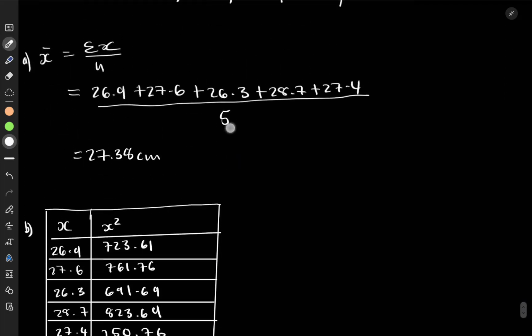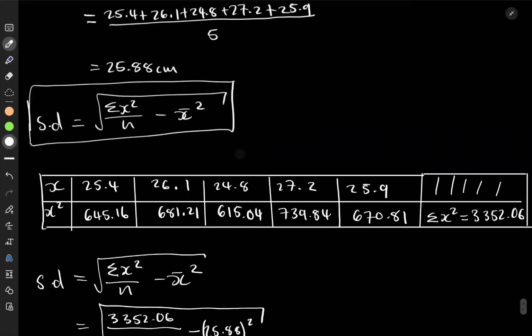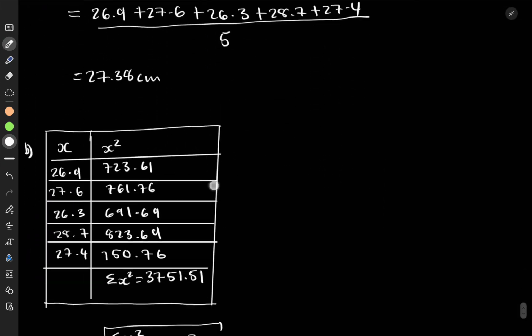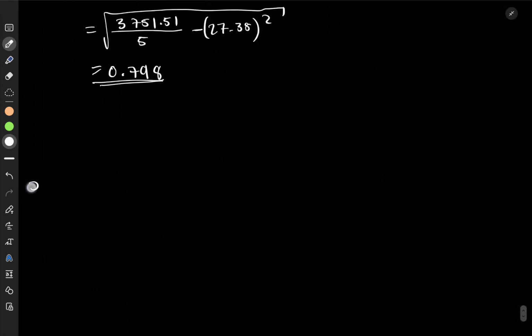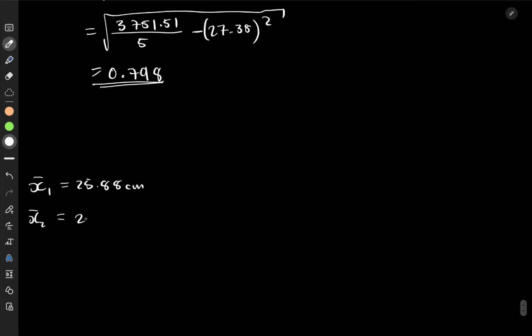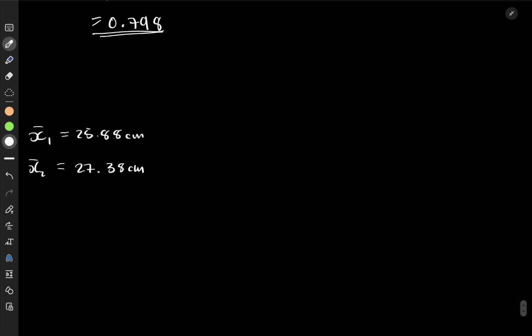Let's compare our first mean to the second one. The first mean, which had an error, was 25.88 centimeters. The corrected mean was 27.38 centimeters. Now, what do we get if we subtract the first mean from the second?